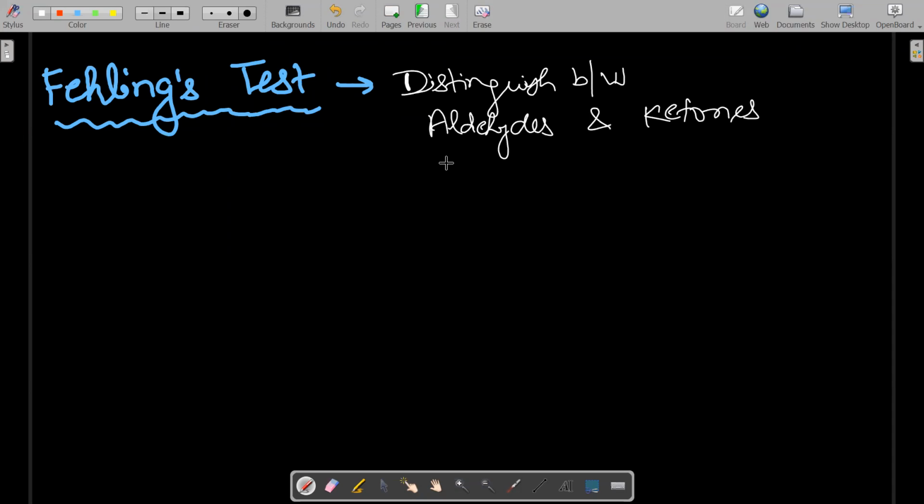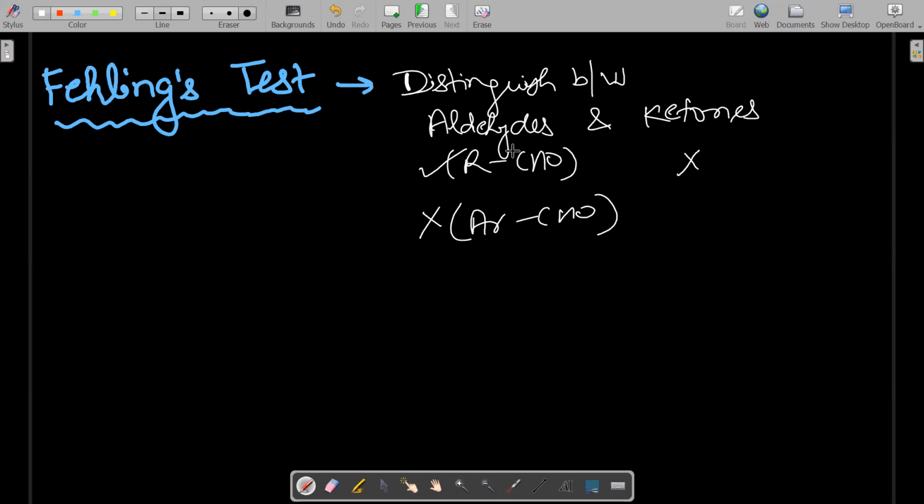But this is given only by aliphatic aldehyde. So this test is given by aliphatic aldehyde, not by ketone, not even by aromatic aldehyde. So this is a special test by which you can distinguish between aldehydes and ketones, and you can distinguish between aliphatic aldehyde and aromatic aldehyde also.